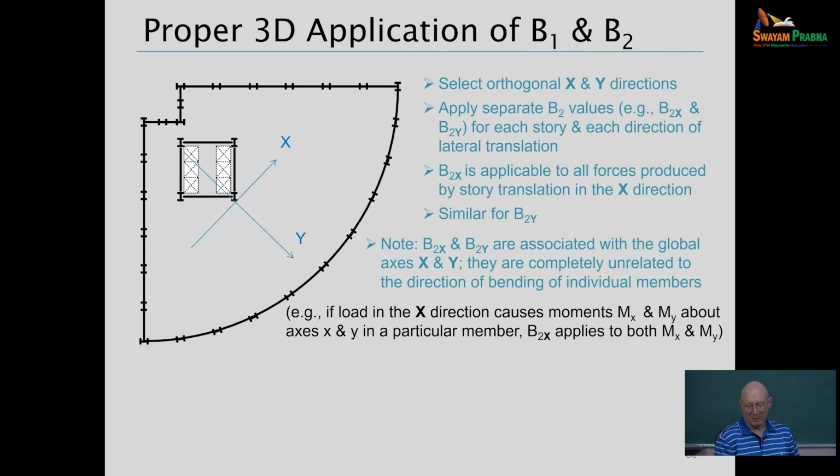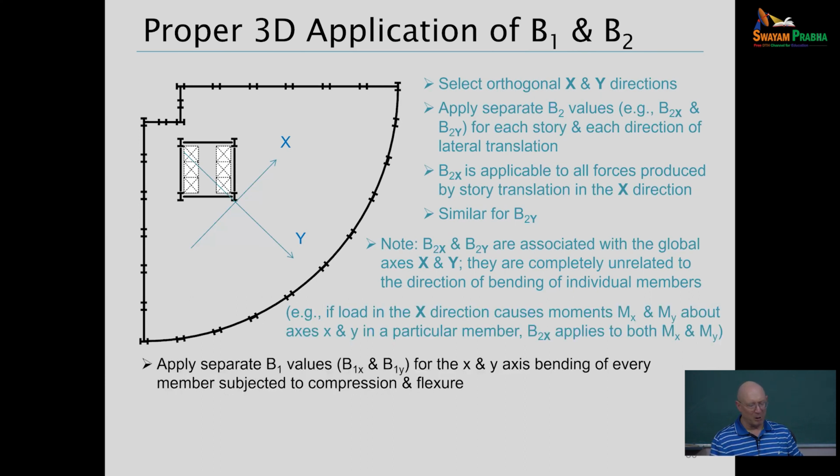In other words, if we have a load in the capital X direction, it generally would cause both weak axis and strong axis moments in a given column here. And so B2 capital X would apply; we get M little x and M little y moments about both axes. B2 capital X applies to both of those moments if they're generated by displacement in the global X direction.